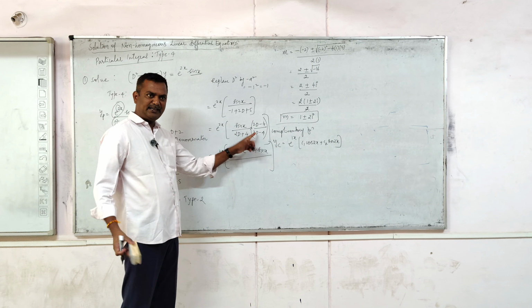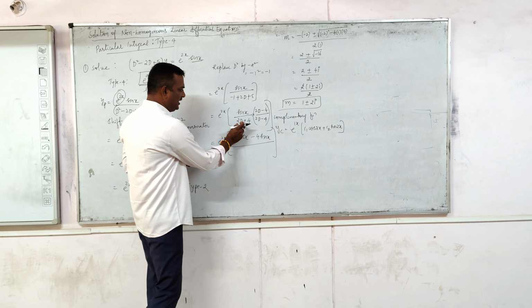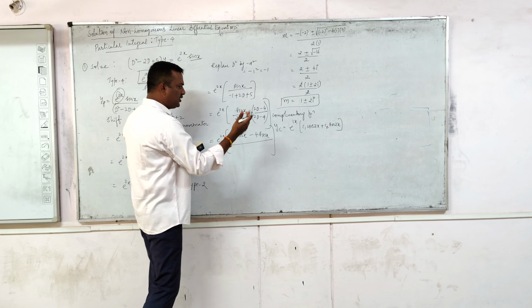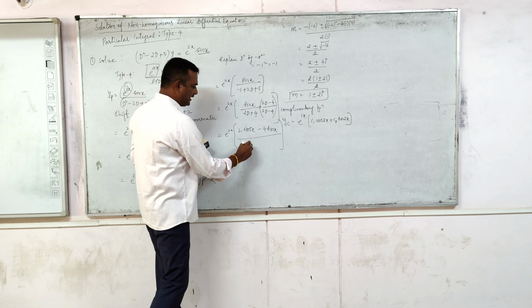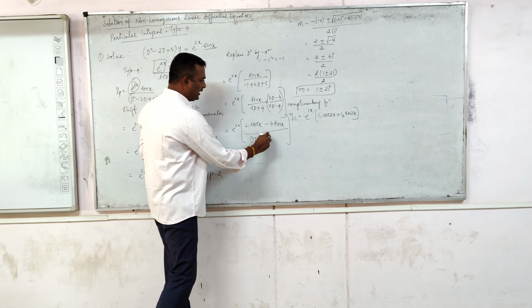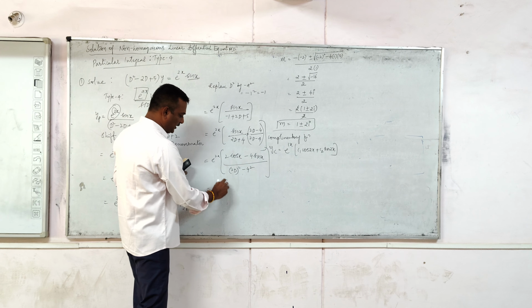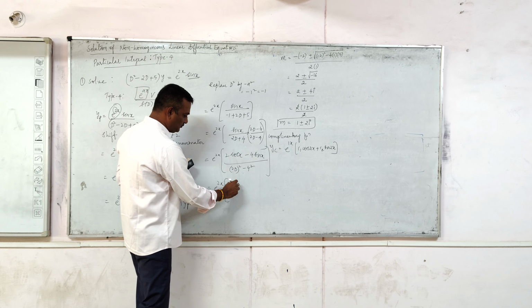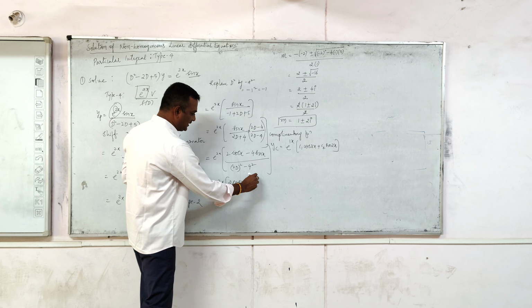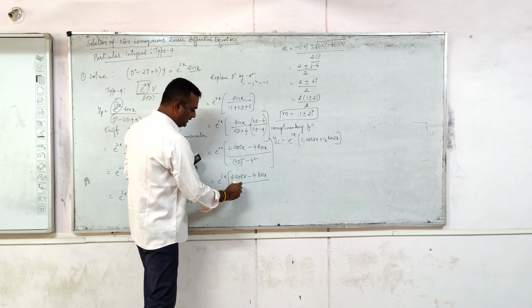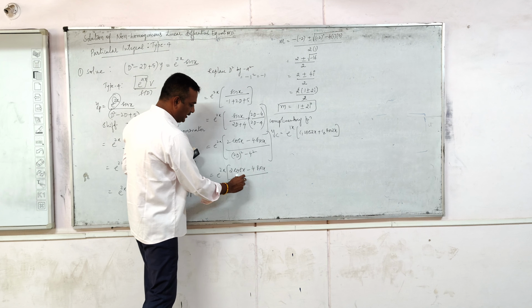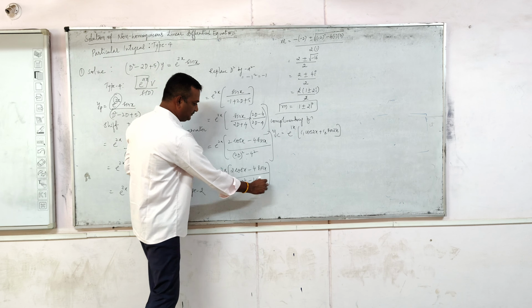A plus b into a minus b is a square minus b square. The value of a is 2d, so 2d whole square minus 4 square. So e raised to 2x into 2 cos x minus 4 sin x divided by 4d square minus 16.